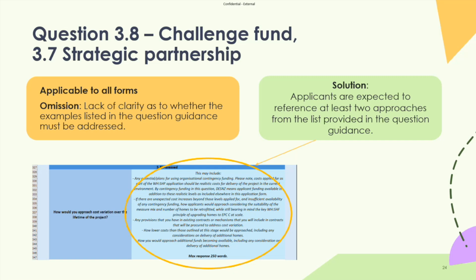The guidance from DESNZ on this is that you are expected to reference at least 2 approaches from the list provided in the question guidance. So as you work through what you're going to do, think through your actions and make sure that you hit at least 2 of the suggested approaches from DESNZ. If you're hitting more, fantastic, but you should be at least hitting 2 of those.